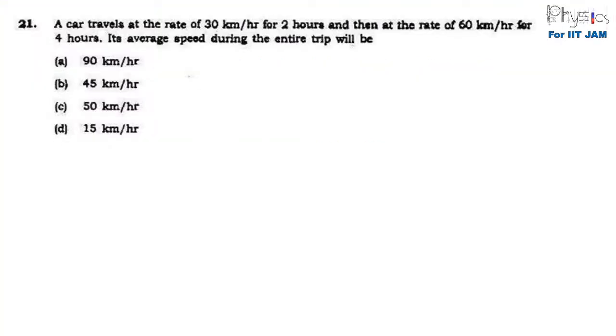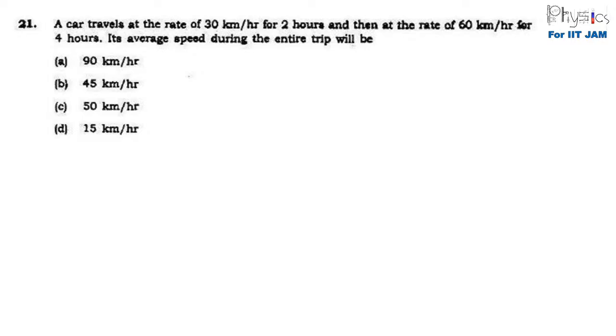So here is the first question today. A car travels at the rate of 30 km per hour for 2 hours and then at the rate of 60 km per hour for 4 hours.